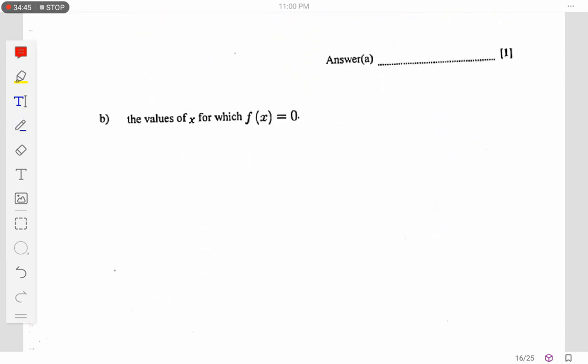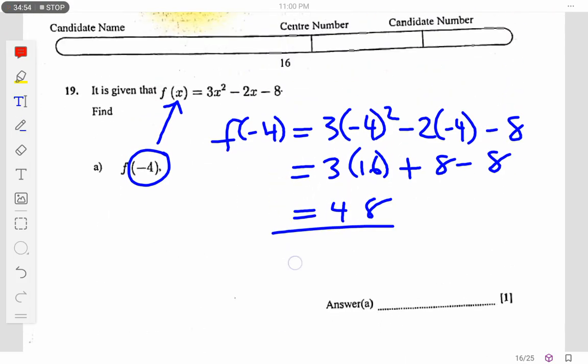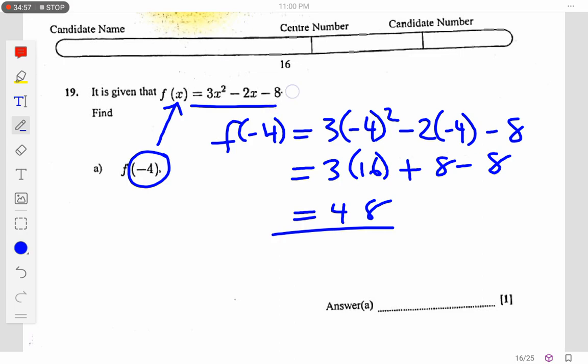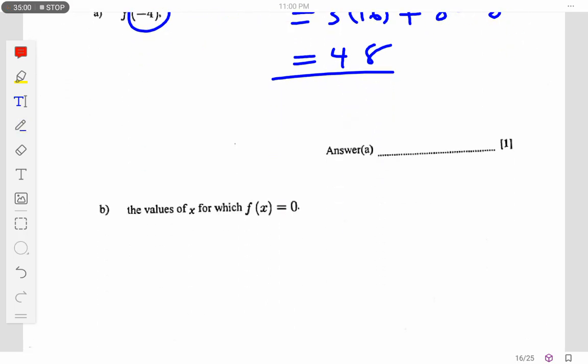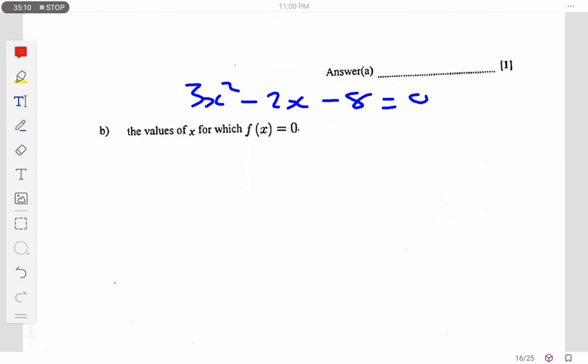Then now they are asking that if f of x is equal to 0, find the value of x. So f of x is equal to 0. We are simply saying 3x squared minus 2x minus 8 is equal to 0. That's what it means. So I want numbers that when I add, I get minus 2x, and when I multiply, I get minus 24x squared.